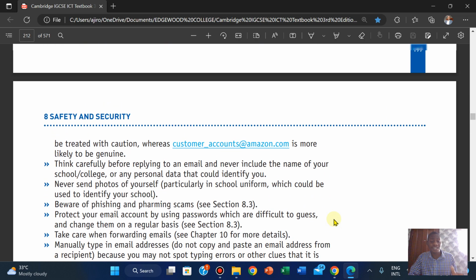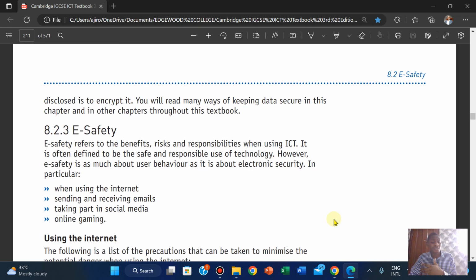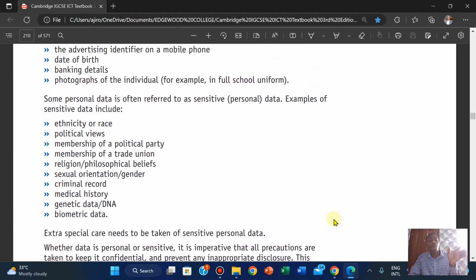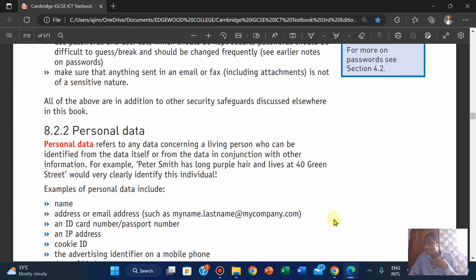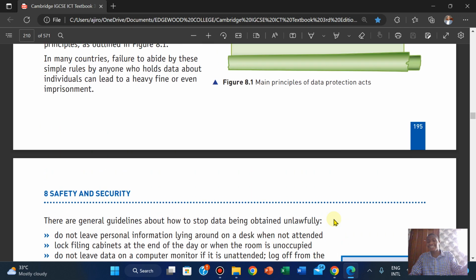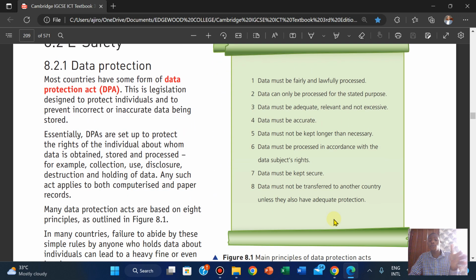So as children and teenagers, be careful during your adventure, especially on social media and online gaming. Please be careful when using the internet as well. Of course, we talked about e-safety, personal details and sensitive details as well. We also talked about data protection, and these acts are very important for people who have access to our data, and what they need to do to ensure that our data is protected.